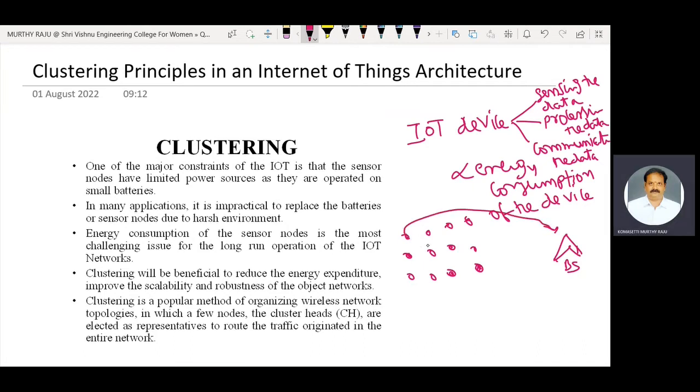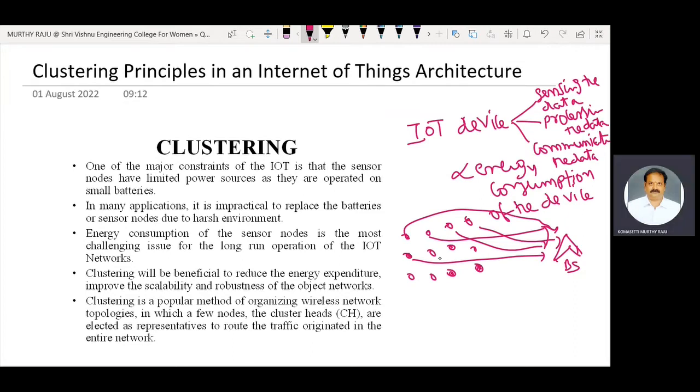Each and every device senses the information and sends the information to the base station. That is the general requirement, and it is called one-hop communication. The IoT device generally senses the environmental conditions, processes the data, and finally communicates the data to the base station.